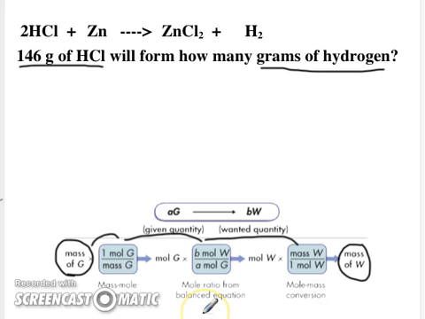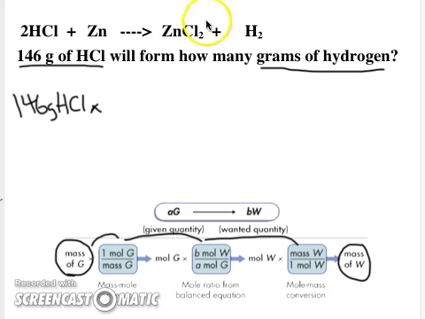So on this one, the starting point, what you start with, is going to be 146 grams of HCl. That's what's given. So our first conversion factor is going to look like this: 1 mole of G over the mass of G. So the mass of G is going to be the molar mass from the periodic table.